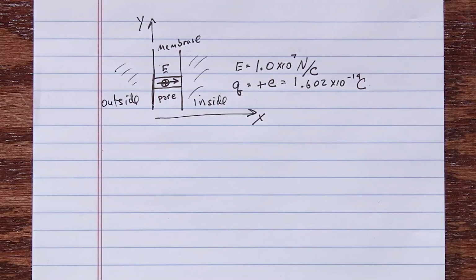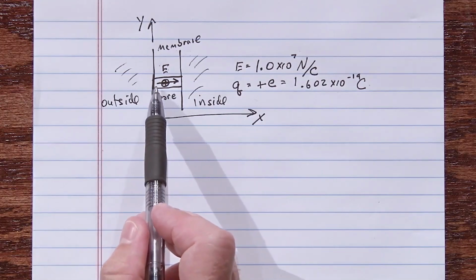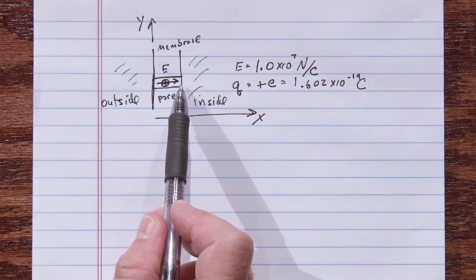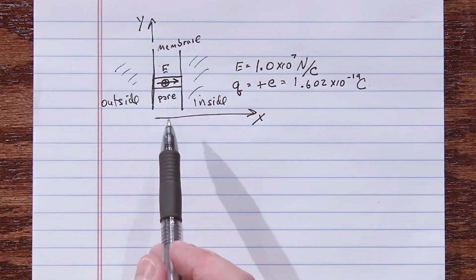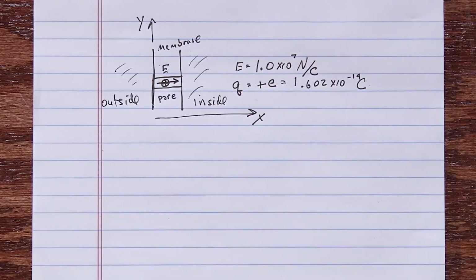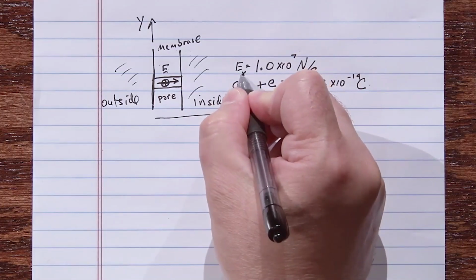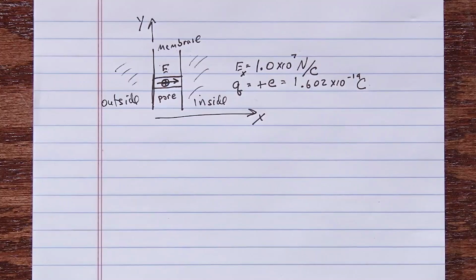And we can further say that since the electric field is pushing into the cell, or it's pushing to the right, which we've called our x-axis, this electric field is actually the x component of our electric field. So the x component of the electric field is 1 times 10 to the 7 newtons per coulomb.